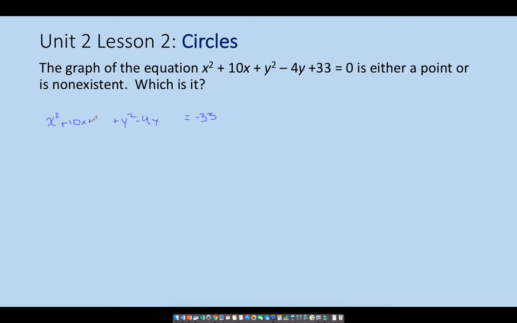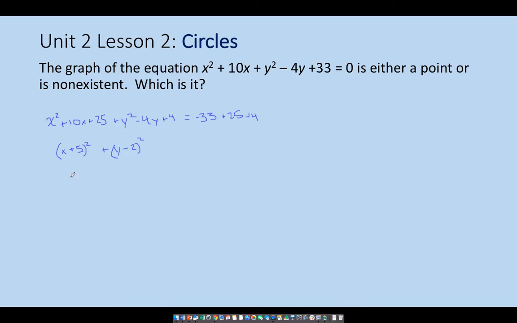All right, half of 10 is 5. 5 squared is 25. So I add 25 to the left, I add 25 to the right. And then I take half of negative 4, which is negative 2. Negative 2 squared is positive 4. And so if I added 4 to the left, I add 4 to the right. Now this all winds up being something like x plus 5 squared. Over here I wind up with y minus 2 squared, which is kind of neat.